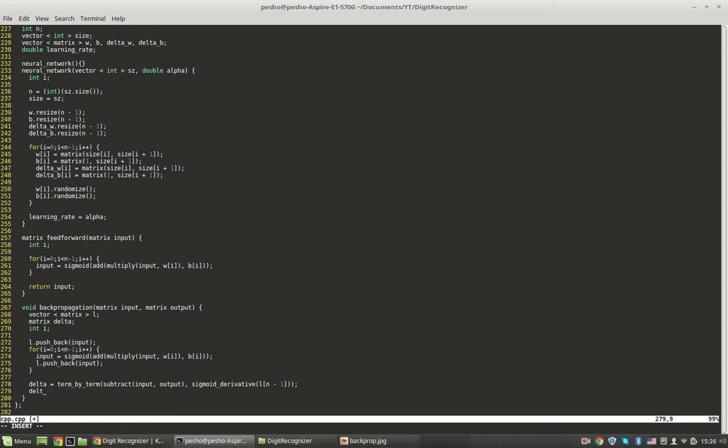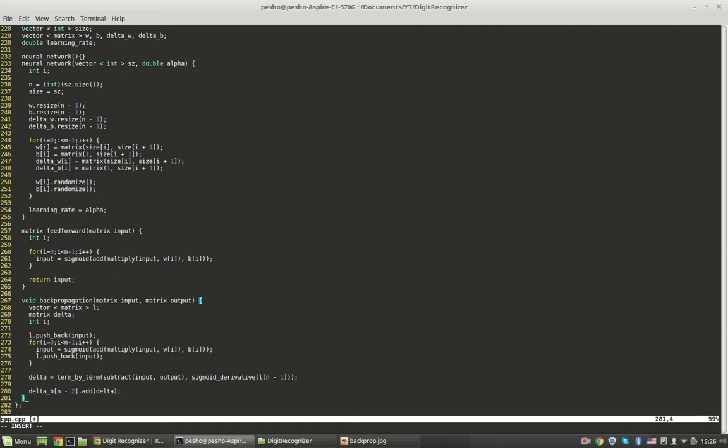So I'm going to say delta B n minus 2 dot add delta. Okay. It pretty much says, okay, those are the gradients for this example, go accumulate them. And then we're going to divide that by the size of the mini batch. So delta B n minus 2, that's the last layer of biases, dot add delta.